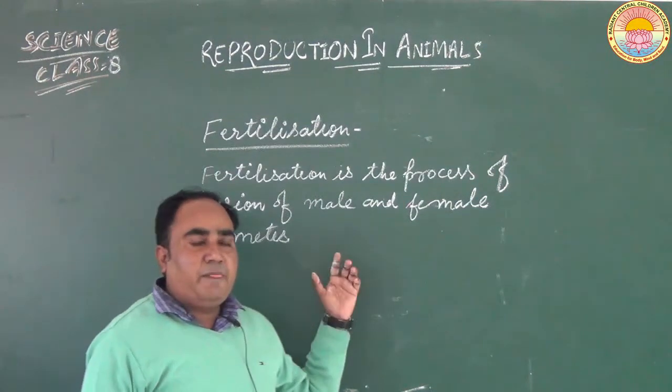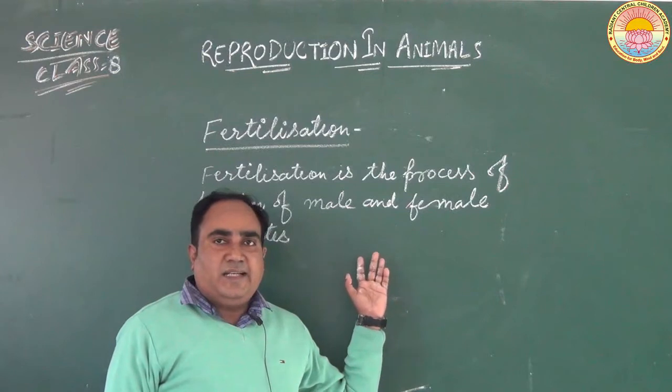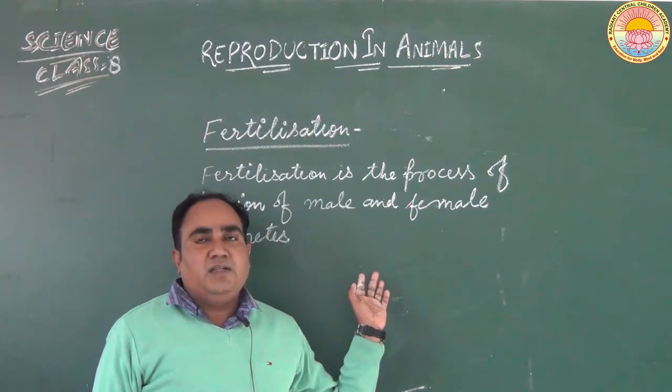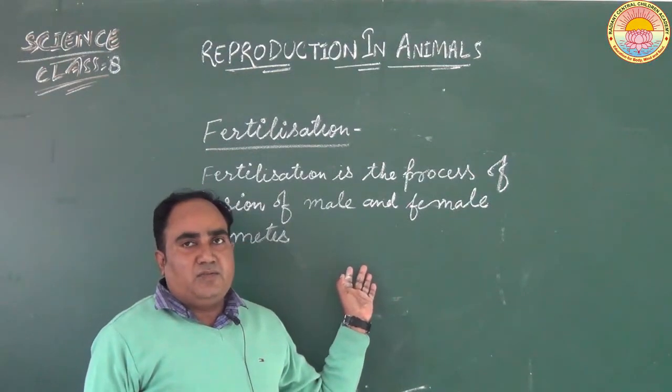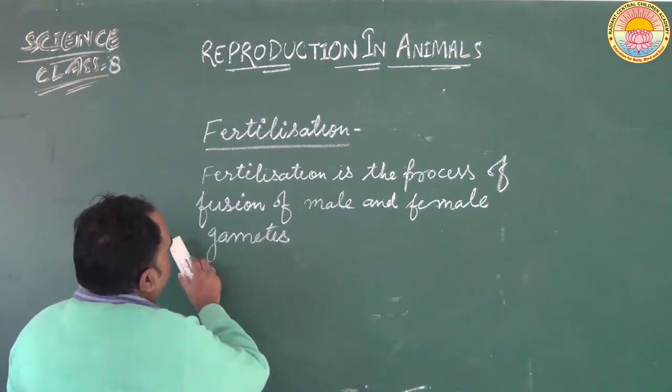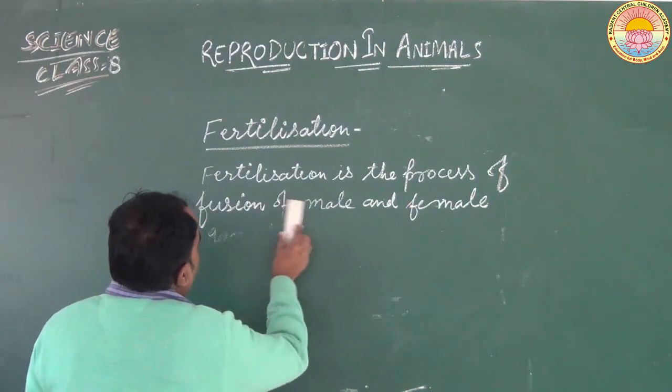In this process, the male gamete called sperm and the female gamete called ova fuse together, and the formation of the zygote takes place. Now we will see how the process of fertilization takes place.